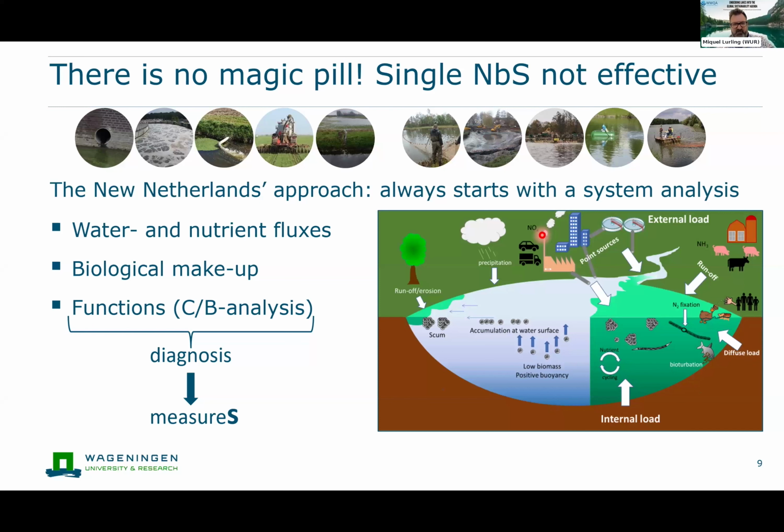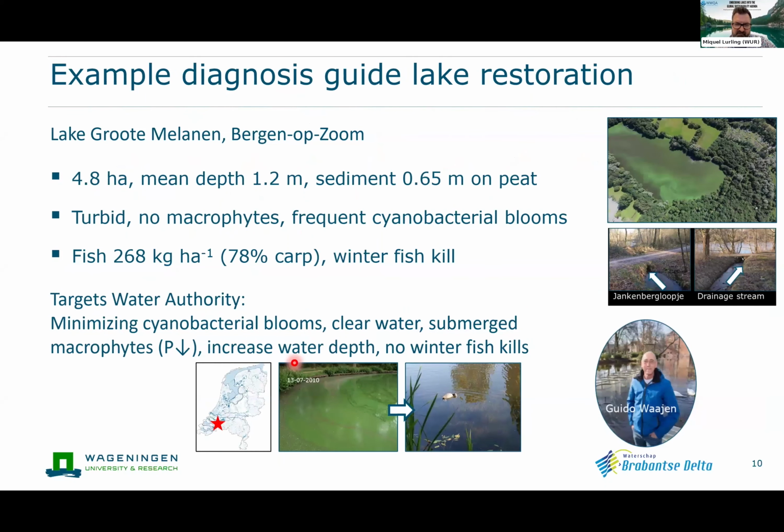And greenhouse gas emissions were already mentioned by Lawrence, for instance, that can also be included there. Altogether, it's a diagnosis, and the diagnosis will lead to measures. And measures is plural, because we are convinced that in most cases we need to do more than one thing to restore our lakes.